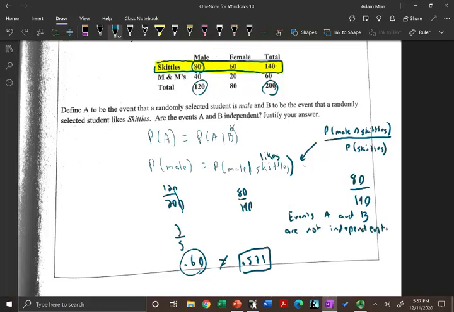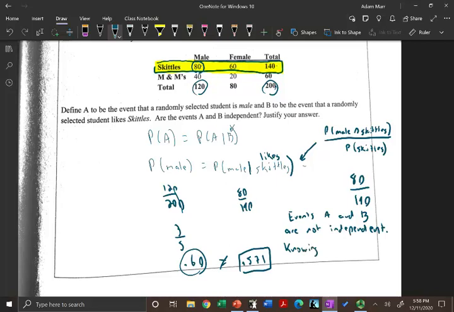All right, and since we showed work, that should be enough right here. But if we have to do some type of explanation, we can just say, knowing that a student likes Skittles actually changes the probability that a randomly selected student is a male.